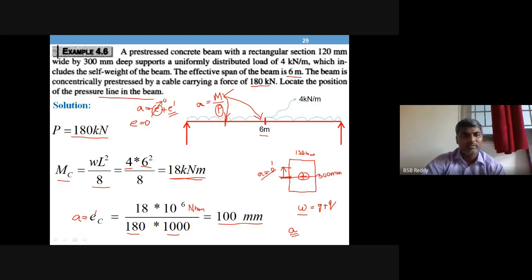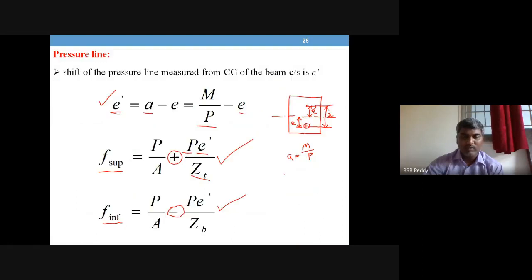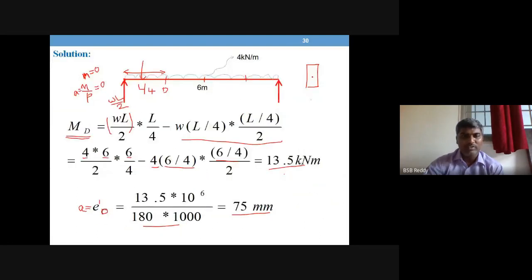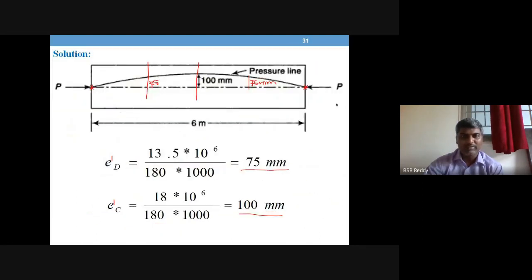In this problem, the tendon is at center, hence E is 0, eccentricity is not there. So E dash itself is the value. That is the simplicity in this problem. So this is how you can solve a problem using this concept, and you must draw the pressure line like this.